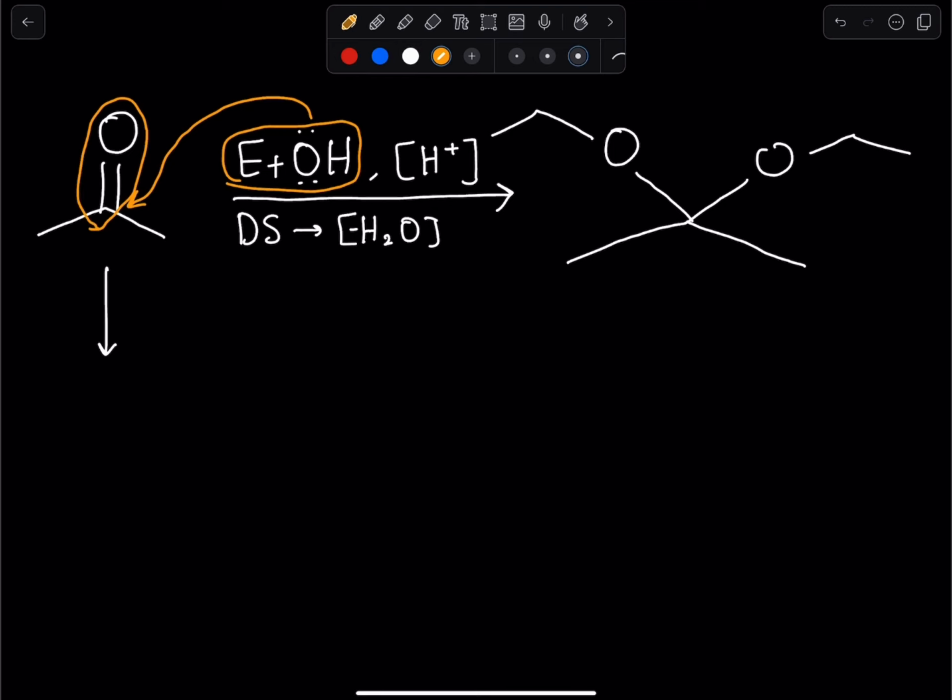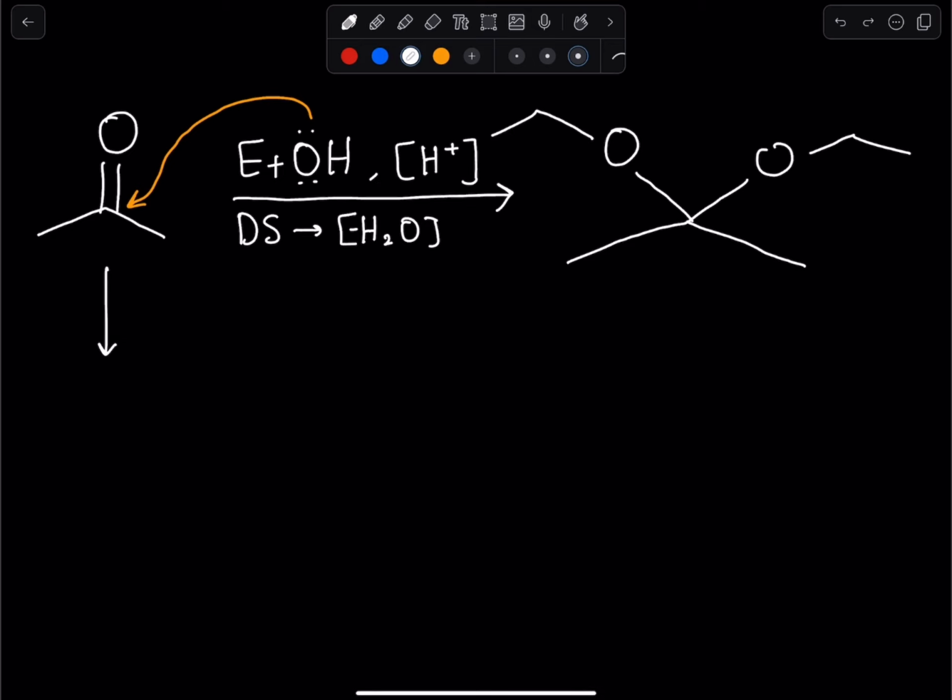A weak nucleophile and a weak electrophile are not very attracted to each other. And ketones are generally less reactive than things like carboxylic acid derivatives. So we need to make this ketone a better electrophile. We need to make it more positively charged. And we have a lot of acid in the solution, so we can just protonate it.